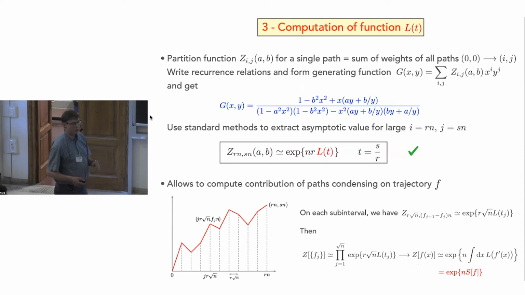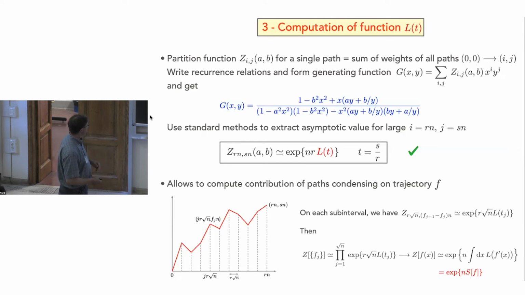Now, again, for a random walk like that, it's not difficult to write a recurrence relation and therefore compute the generating function for these numbers. And you get that. And again, standard techniques allow you to compute the asymptotics of these numbers. And the asymptotics of this number is exactly the L function.